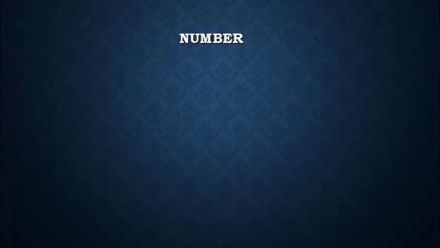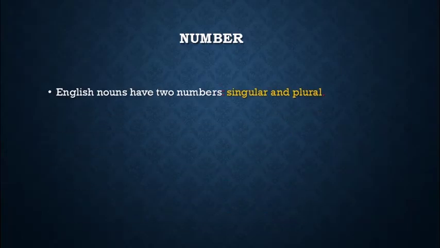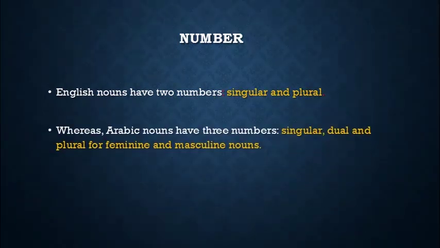English nouns are inflected for singular and plural, so we have only two numbers. However, in Arabic it extends to duality, so we have this number which is missing in English, the dual number, فتاتين, right?